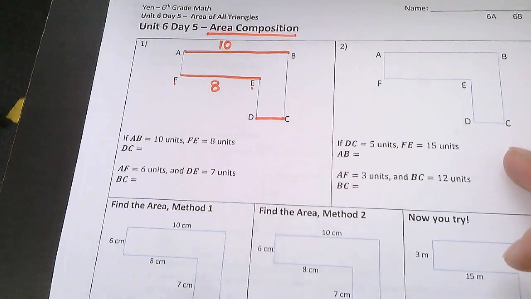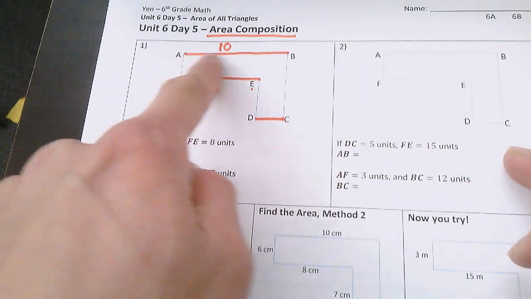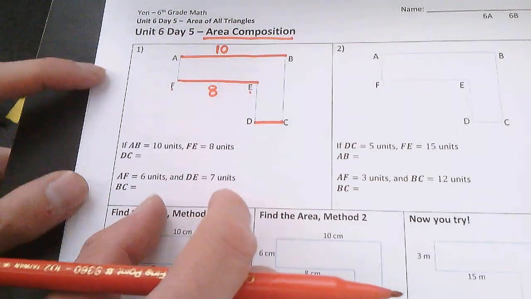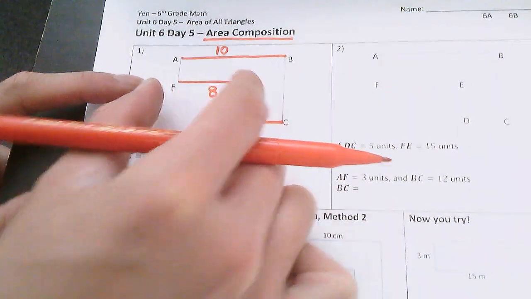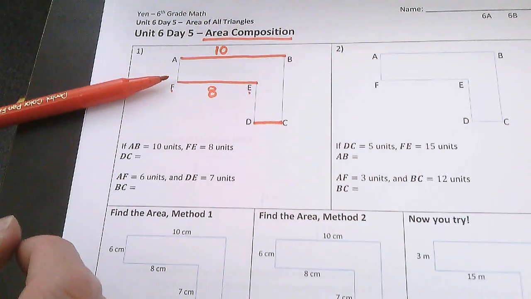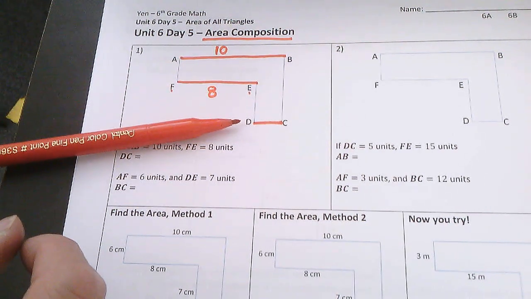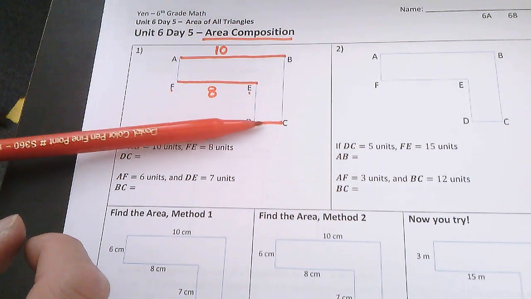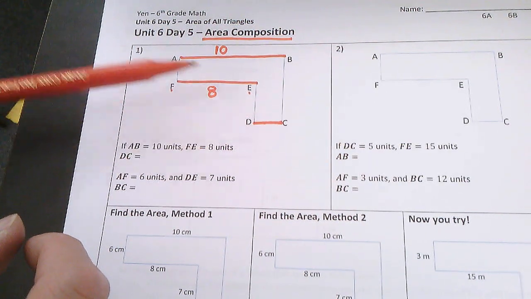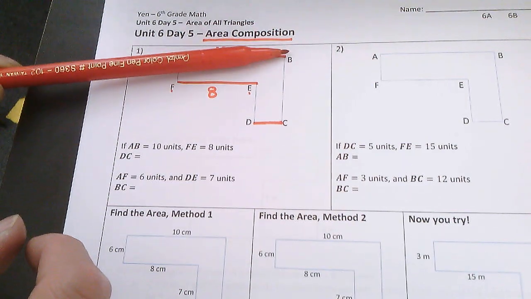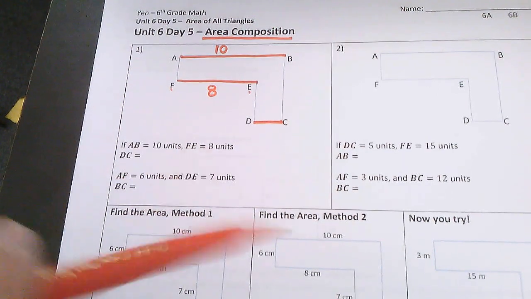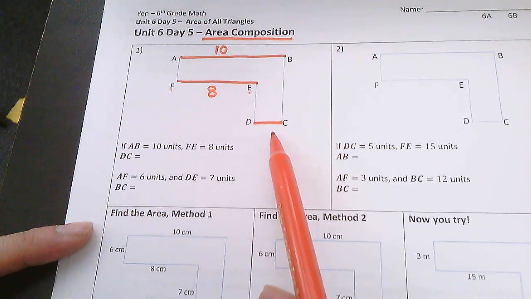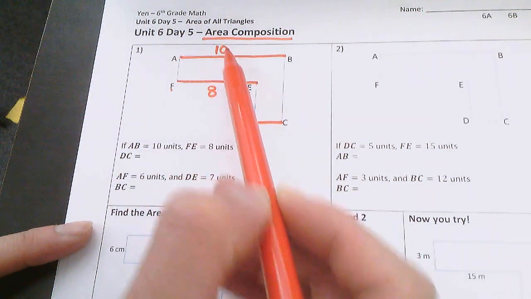Okay, so notice that the side length AB is equal to the side length FE plus the side length of DC. All right? This side plus this side is the same as all of this side, which means 8 plus whatever number's here has to equal 10.